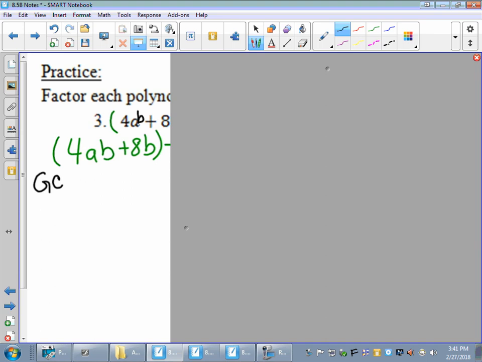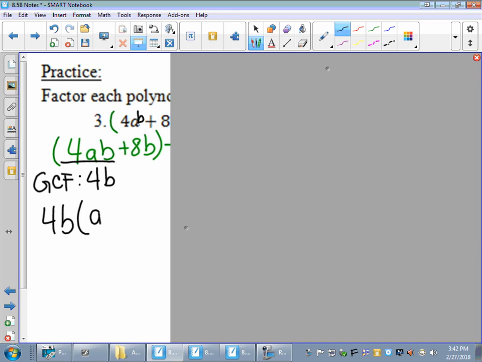My greatest common factor of 4ab and 8b. Well, I know 4 is a factor of 8, so I'm going to say my greatest common factor is 4. They both have a b, so I need my b as well. Go ahead and write down your greatest common factor. 4b times what gets me to 4ab?